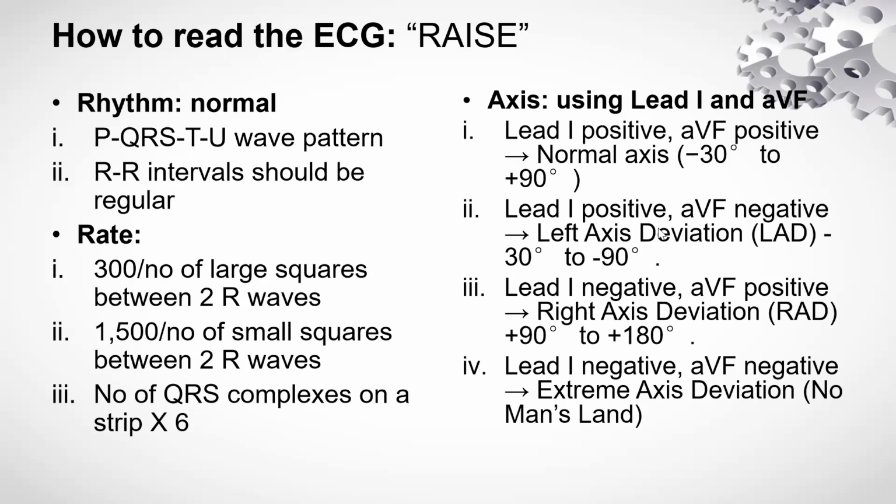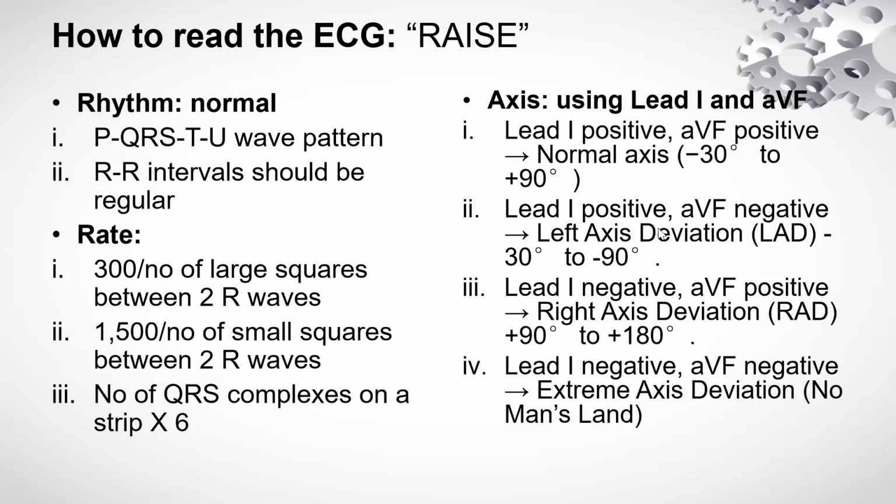Then if lead 1 is positive while aVF is negative, this shows you a left axis deviation. Lead 1 positive, aVF negative, so that is left axis deviation. Right axis deviation is when lead 1 is negative and aVF is positive.